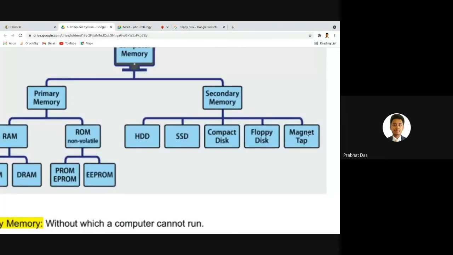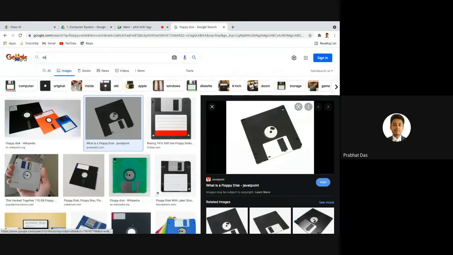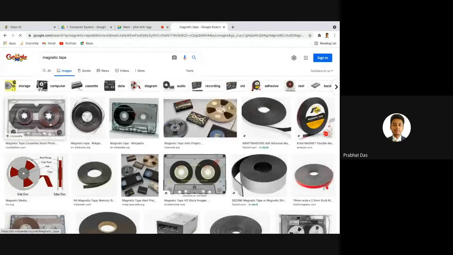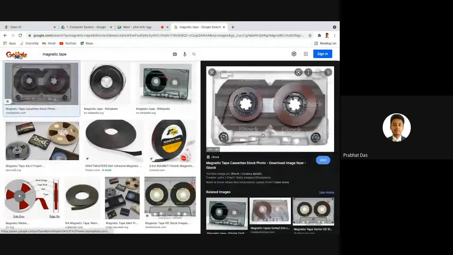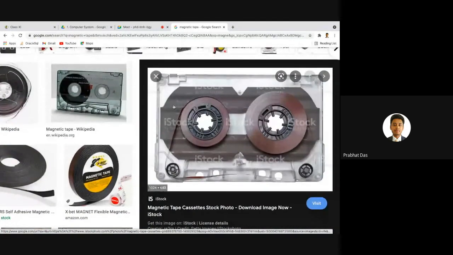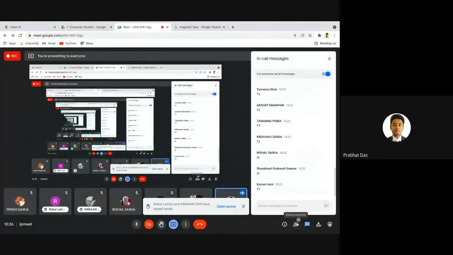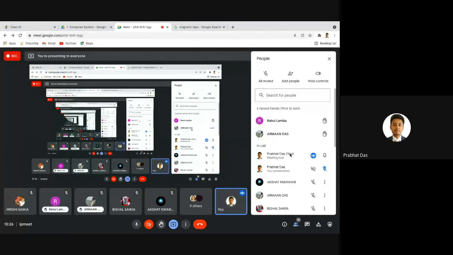Now after the floppy disk, the next storage device that we have is magnetic tape. So this is what exactly magnetic tapes are. Can anybody tell me how many of you have seen or used this sort of magnetic tapes? Just raise your hands. Okay, two students have used these magnetic tapes.